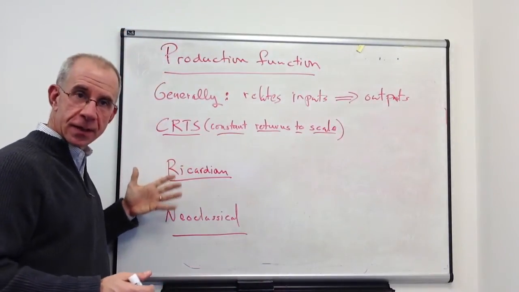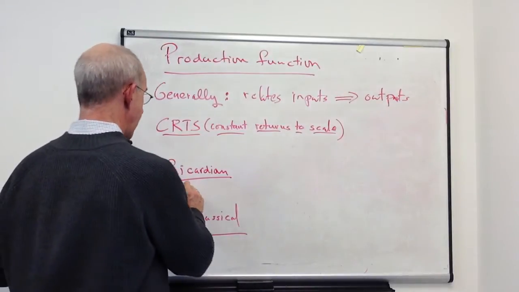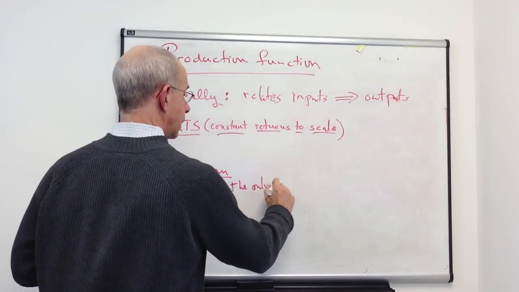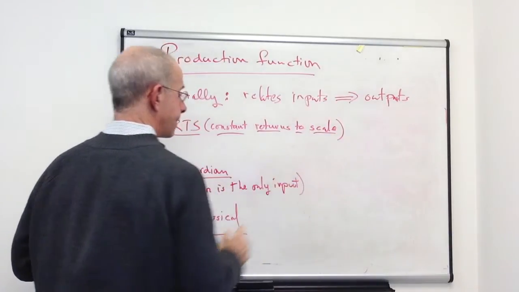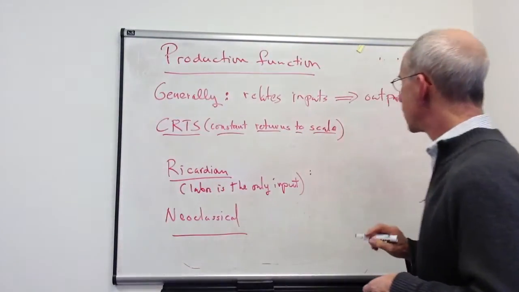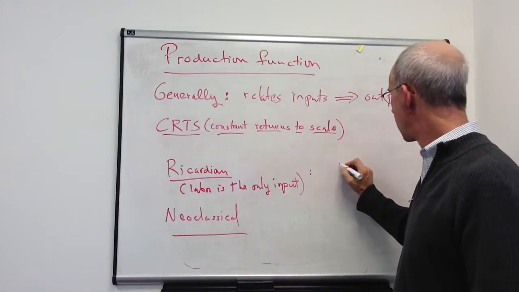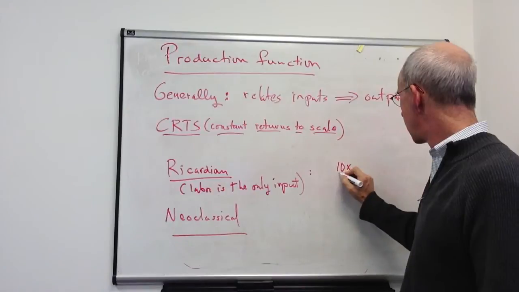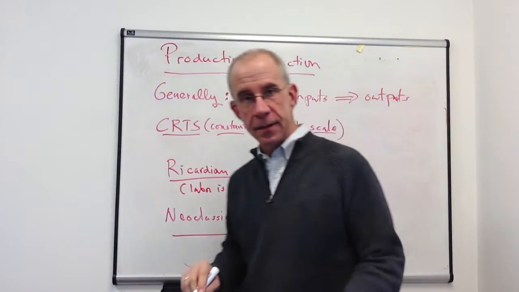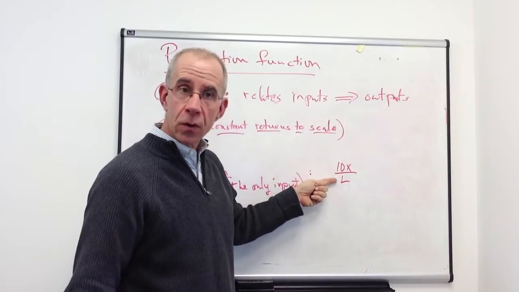Now, the two particular examples that we're going to be using, the first is the Ricardian model, where labor is the only input. Let's pursue that for a moment. So let's imagine that if you wanted to relate output to labor, I get 10 units of X for every worker that I use.